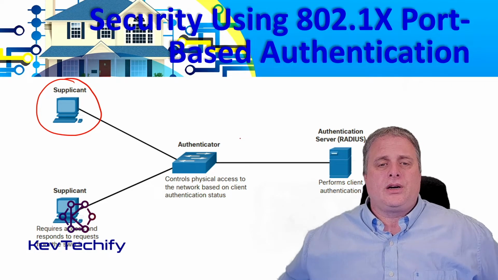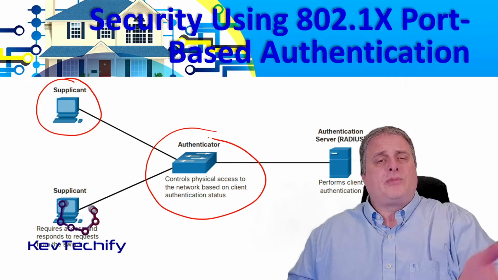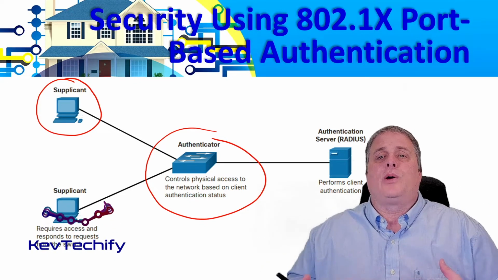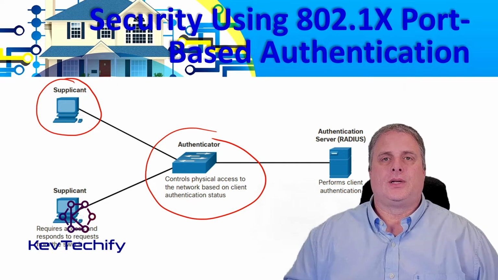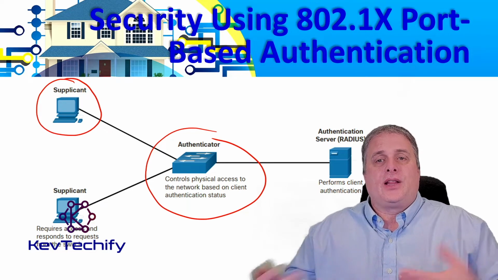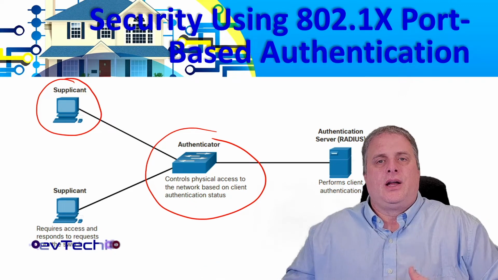The next role here is the authenticator, and this is probably a switch on your network. It controls physical access to the network based on the authentication status of the client. The switch acts as an intermediary or a proxy between the client, which once again was the supplicant, and the authentication server.